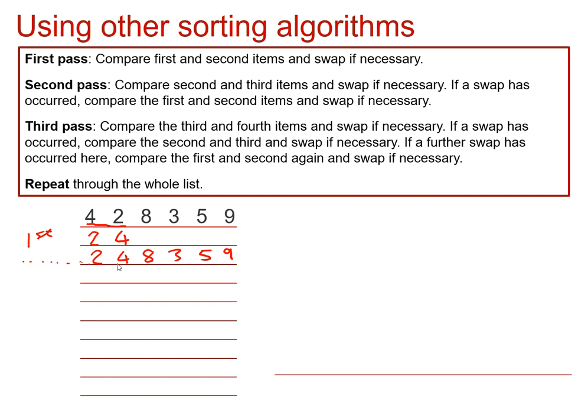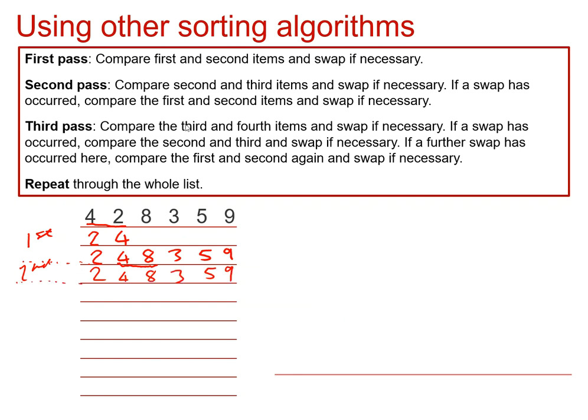So we're starting by looking at these 2. We ask, do they need to be swapped? Well, actually the answer is no, they're already in the correct order. And if we read this carefully, it says if a swap has occurred, then we'll go and look at the first and second items. But because we didn't swap, we stop at this stage. Alright, so after our second pass, the list is actually still the same as it was after the first pass. Like that.